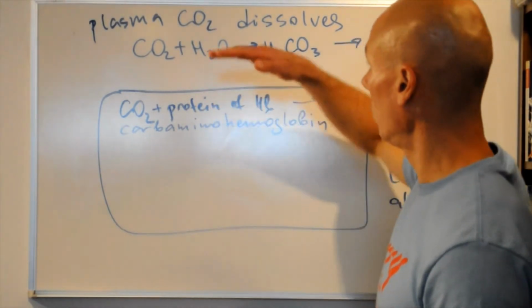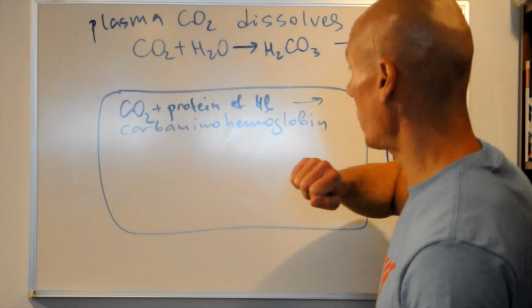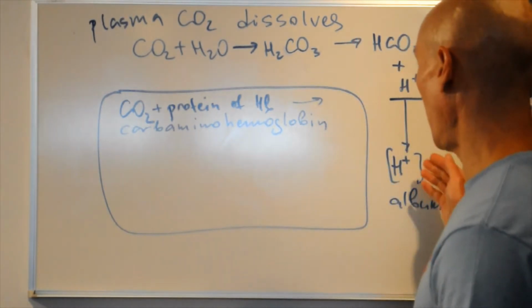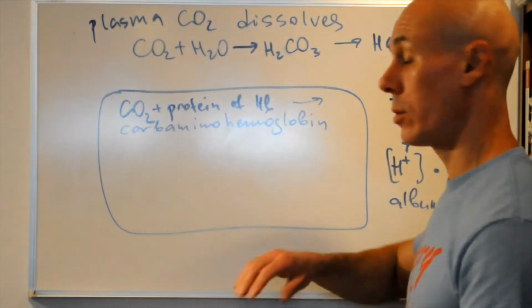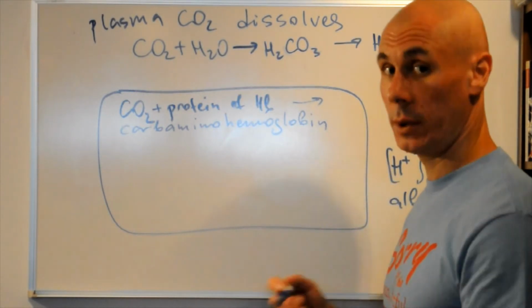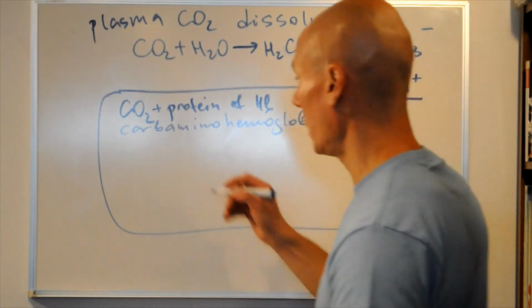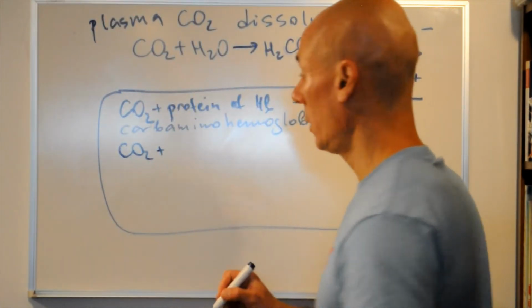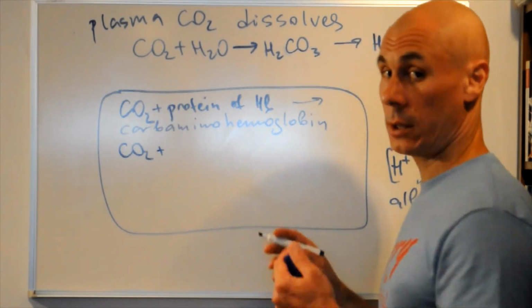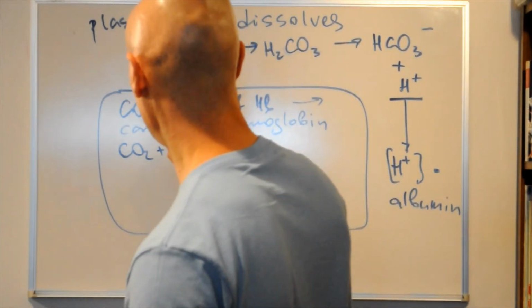So we've got plasma transport when hydrogen binds to the albumin. We've got CO2 that binds to the protein component of hemoglobin, but the most important, of course, is the transport of carbon dioxide in the form of bicarbonate inside of the red blood cells.